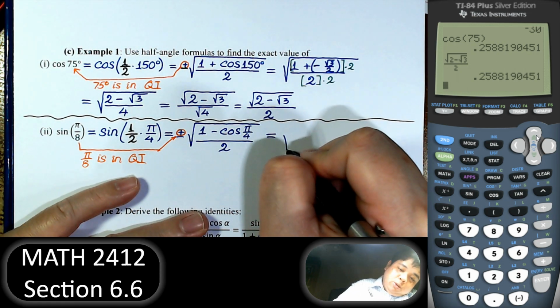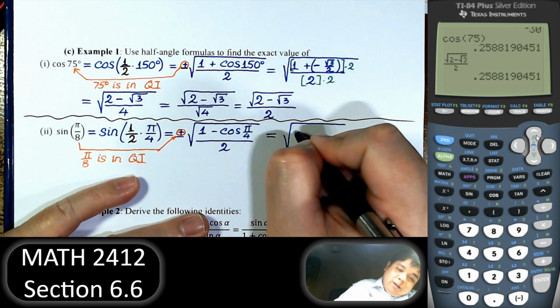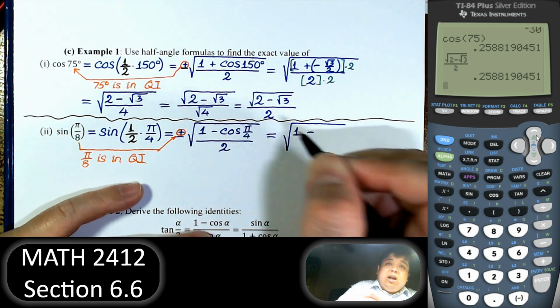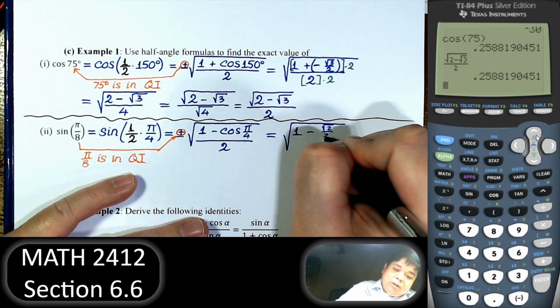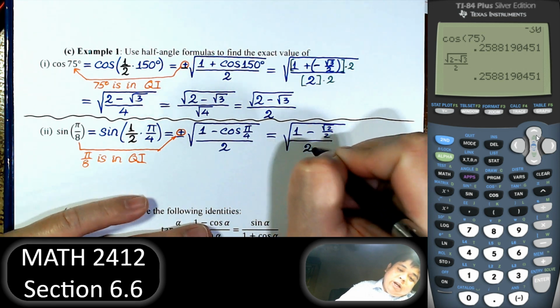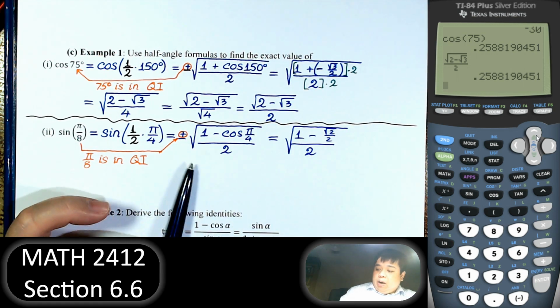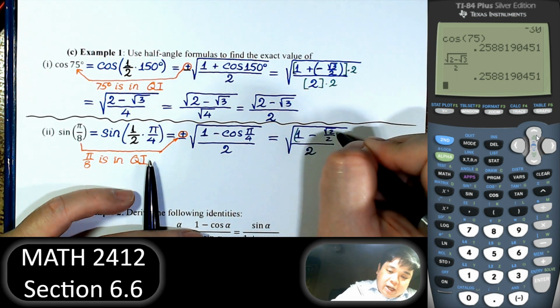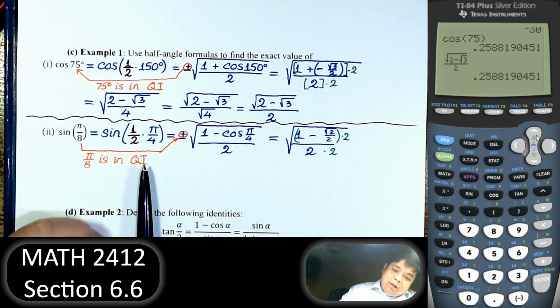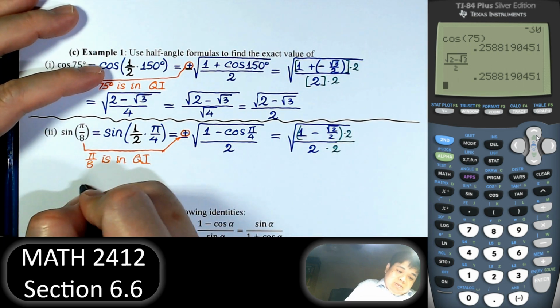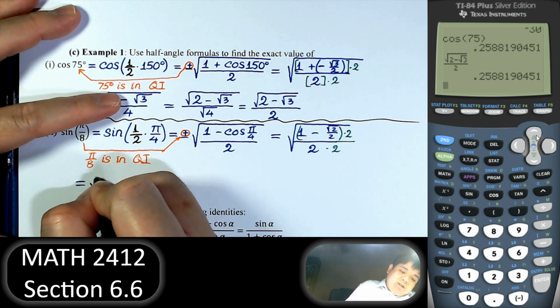So we have square root of 1 minus cosine pi over 4, that's square root of 2 over 2, all over 2. And once again, I multiply the top by 2 and the bottom by 2 so that I can simplify the complex fraction, right?